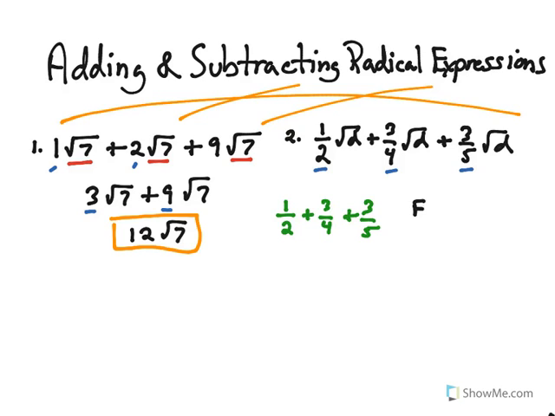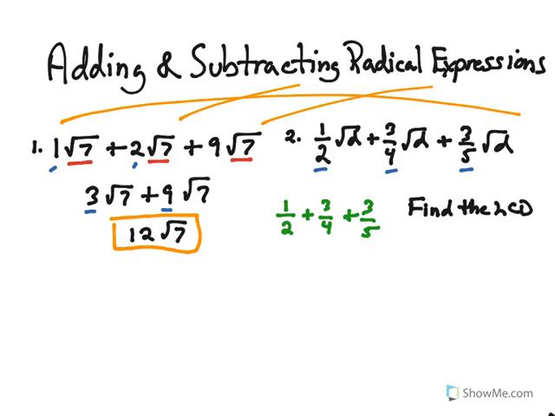I'm going to find the LCD, the least common denominator. There are several ways we can do this. The common denominator is going to be 20.